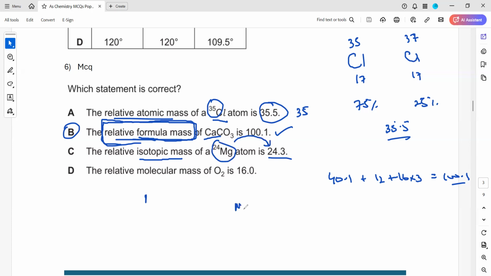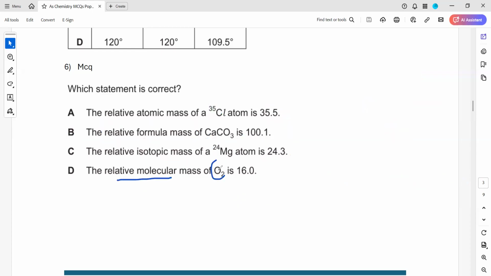You need another isotope, for example magnesium 24 is there, and let's say 25 is there, but we should know the percentages to work out the isotopic mass. What about the relative molecular mass of O2 is 16? That's wrong. It will be 16 times 2, which is 32, because oxygen is O2. So B is the right answer for this.